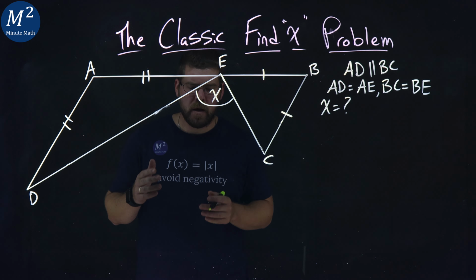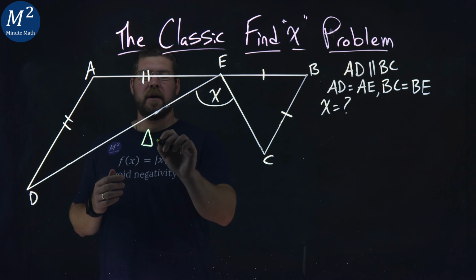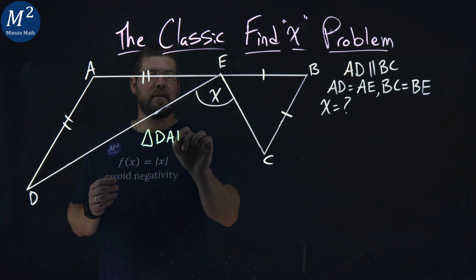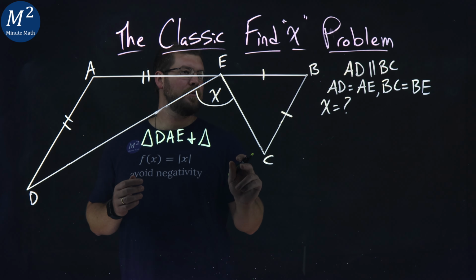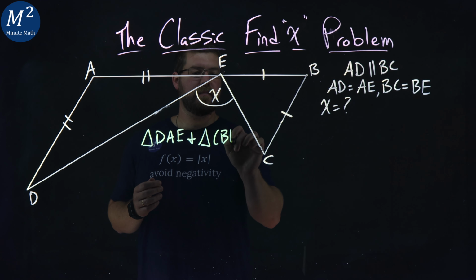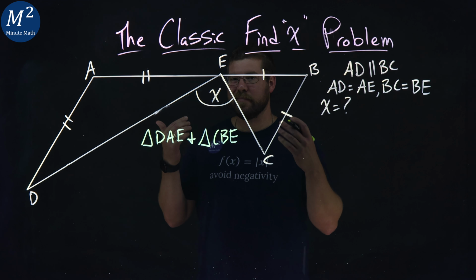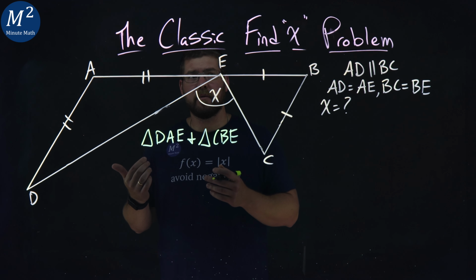Okay? Well, first things first, what do I know about triangle DAE and triangle CBE? Well, those two triangles each individually are isosceles triangles, right?